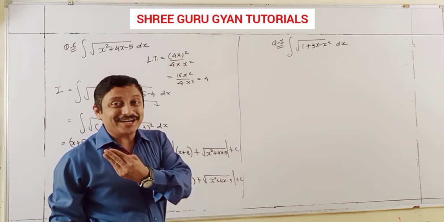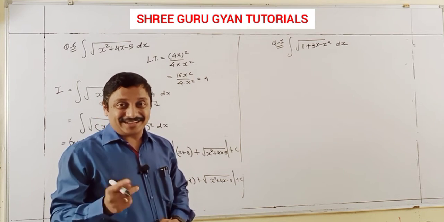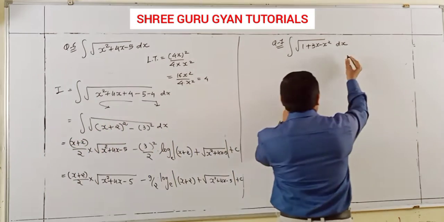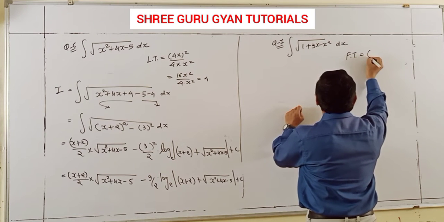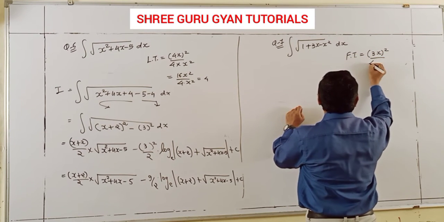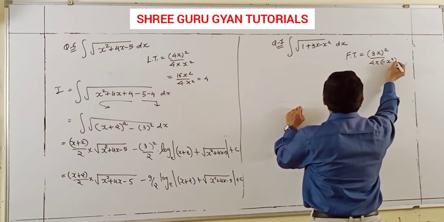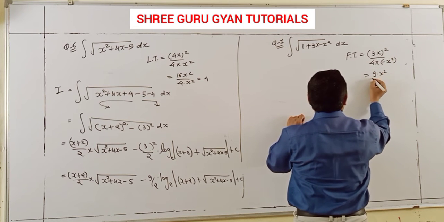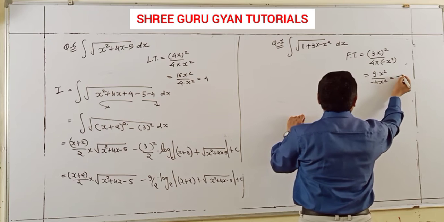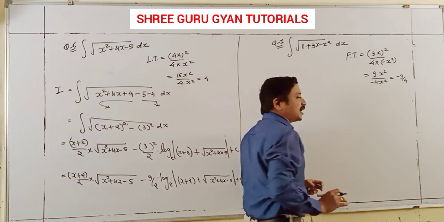X square coefficient is negative, so I write it down in the way of first term. So here first term, mid term square, 4 into last term, so 9x square by 4 minus 4x square minus 9 by 4.